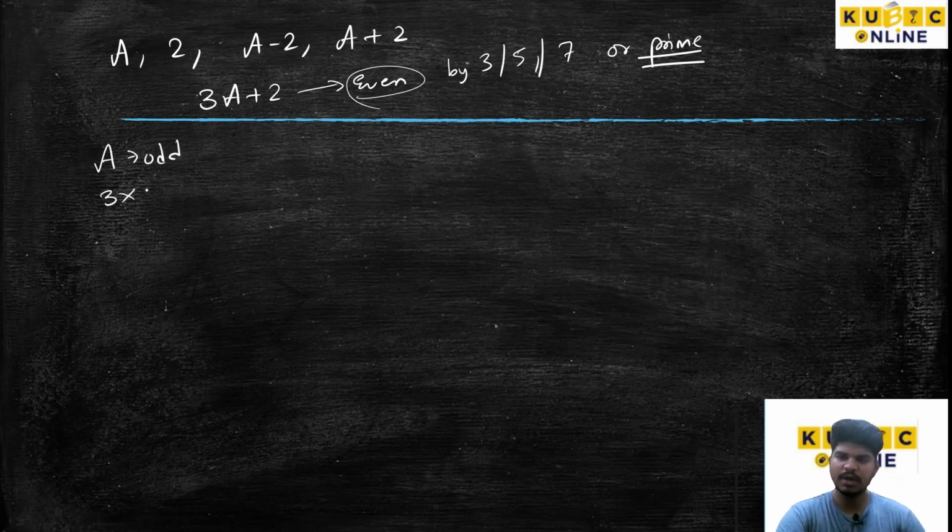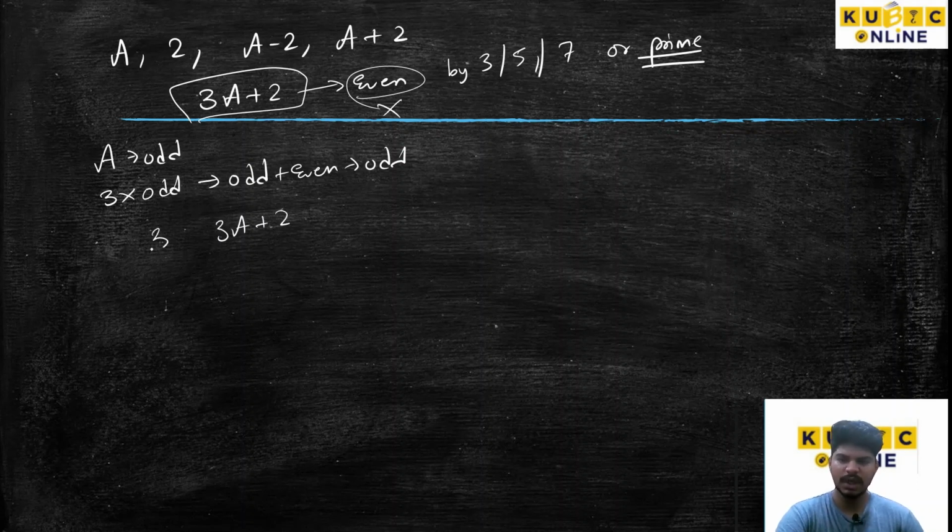So 3 into odd, odd into odd is odd. So odd plus even will give you odd. So 3a plus 2 is not an even number. Does 3 divide 3a plus 2? No, 3 does not divide 3a plus 2, because then 3 would have to divide 2. So 3 is also out of the options.